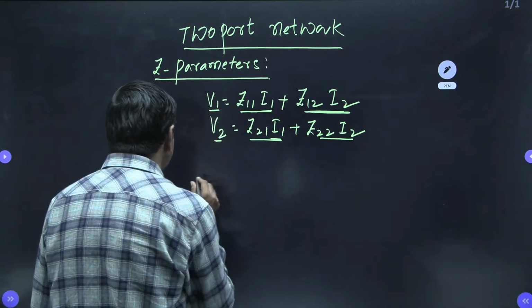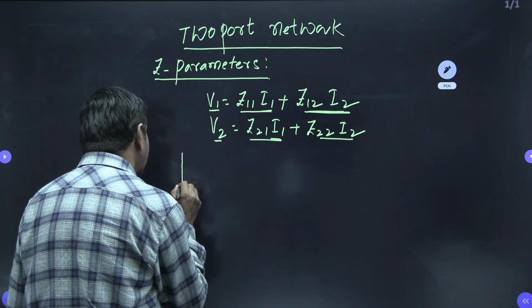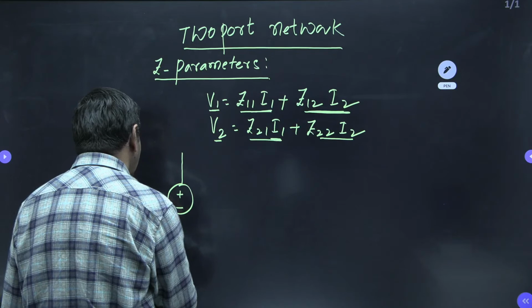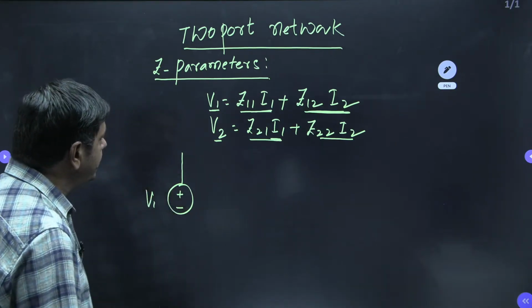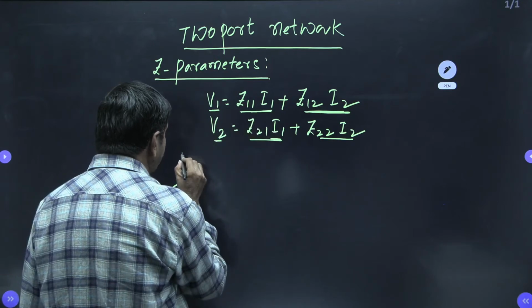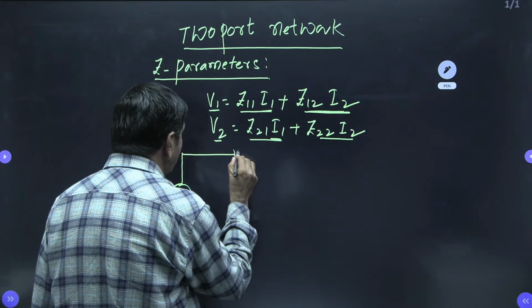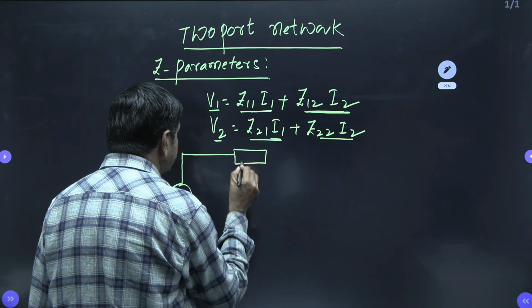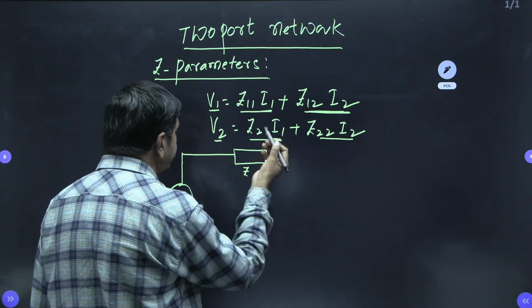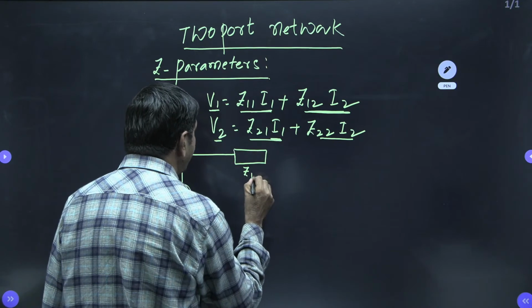Here V1 is given, so I can connect that voltage here, plus V1. Then I would like to put this voltage equal to this voltage, Z11 into I1. Z11 is the impedance given here. That may be a resistance or inductor or capacitor or any value possible.